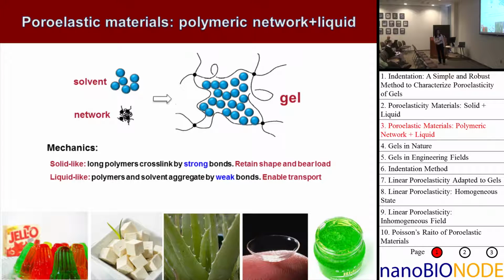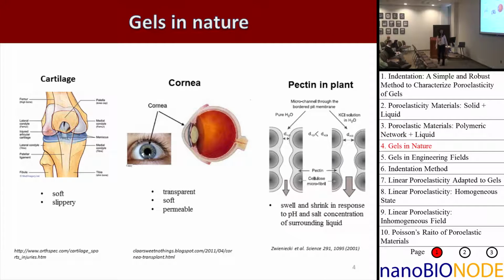And gels are almost everywhere in our daily life, from the food that we eat to the things that we use. Gels are important natural materials. For example, cartilage is a gel. It's soft, slippery, and provides small friction between bones. The cornea is also a gel. It's transparent, soft, and permeable to water, oxygen, and nutrients.